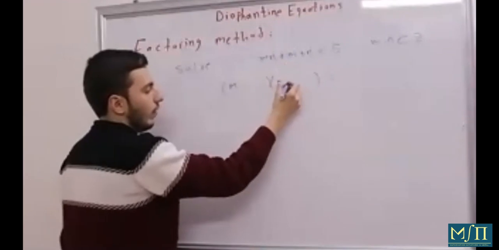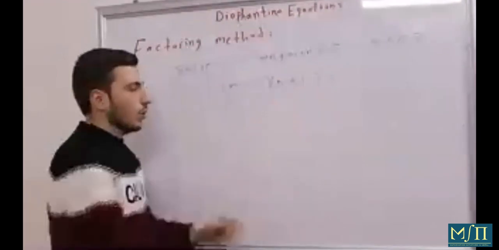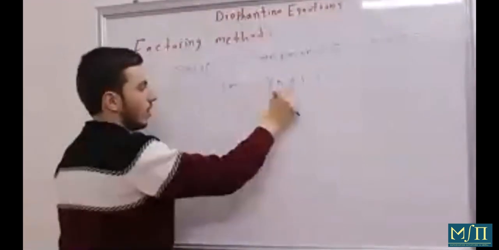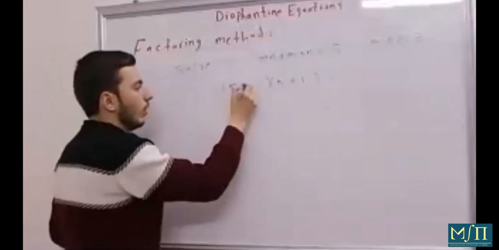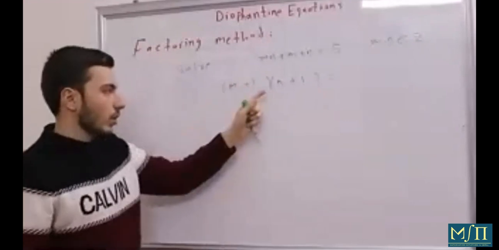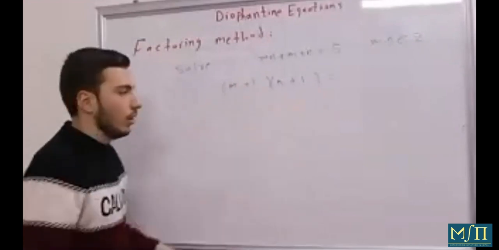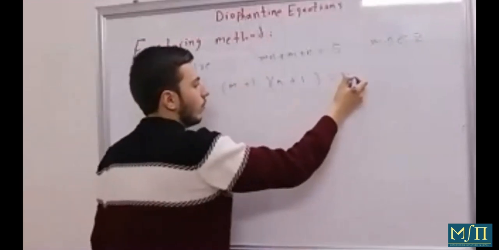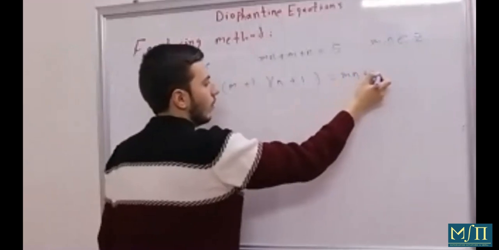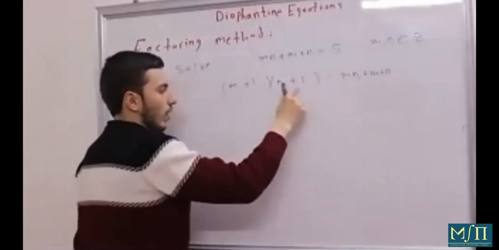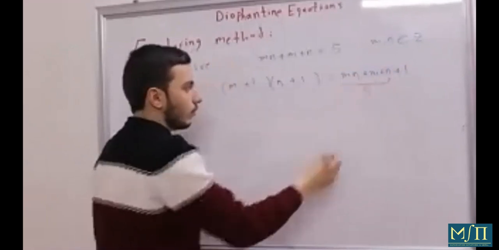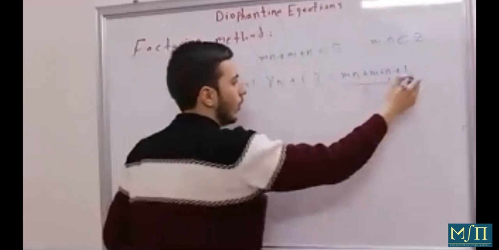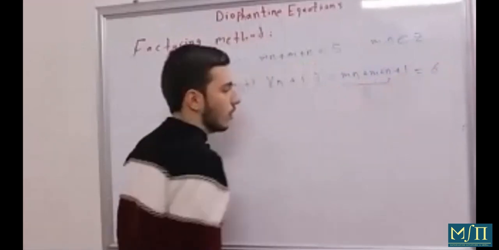We should have here plus 1, right? So we will have m times n plus m. And also, how can we get plus n? We will add 1 here too. So now we have m times n plus m plus n, and of course we have plus 1. But the original is 5, so we have this equal to 6.